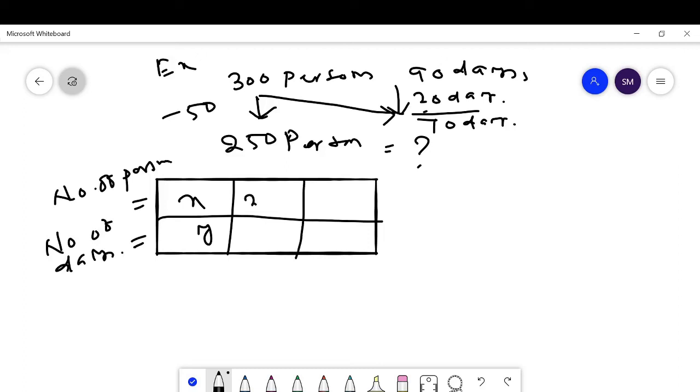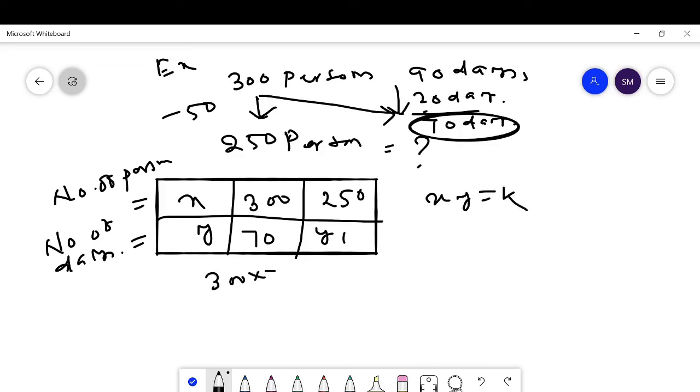Here the 300 persons will consume the remaining food in 70 days, but the persons here reduced to 250. Then find out what y1 is. As this is inverse variation, xy equal to k constant. 300 into 70 is equal to 250 into y1.